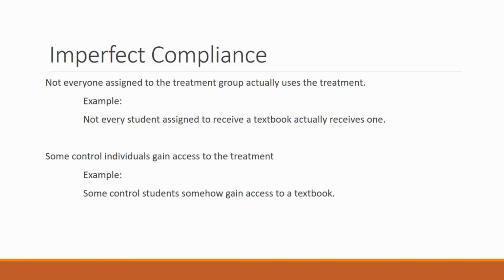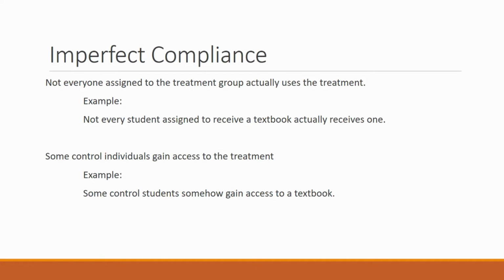In our example, we're talking about the impact of textbooks on test scores. We've randomly assigned some students to receive textbooks and other students to not receive textbooks. The students assigned to receive textbooks are the treatment group, and the students assigned to not receive textbooks are the control group.